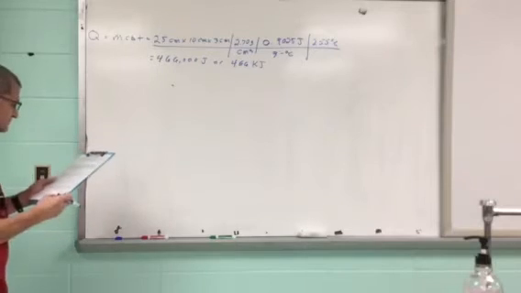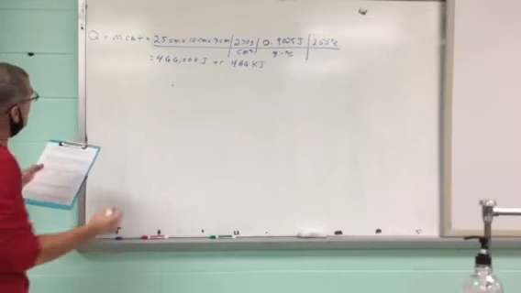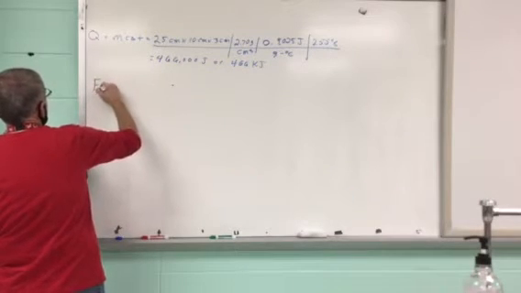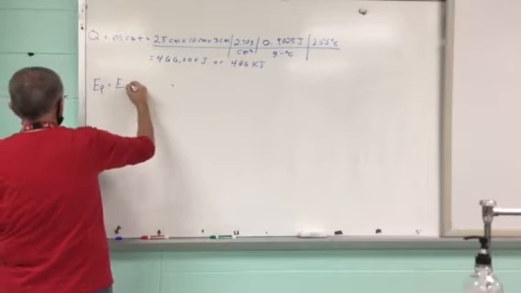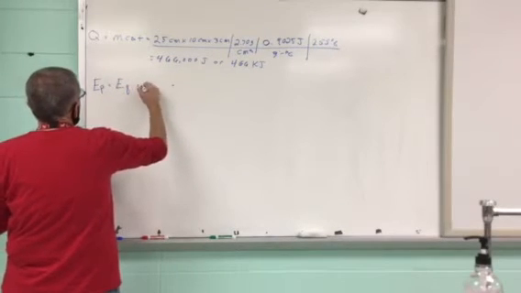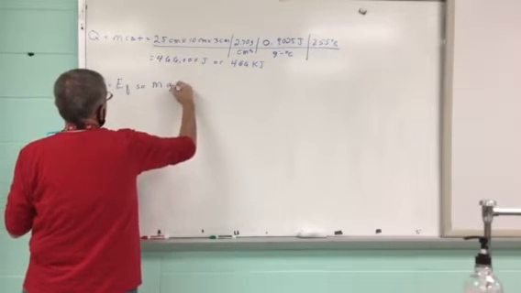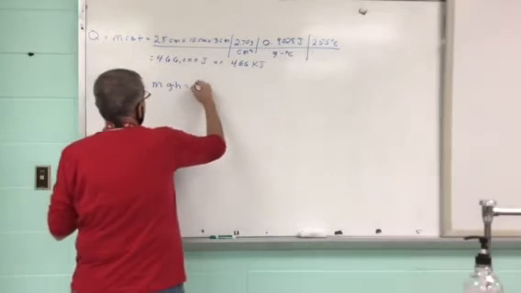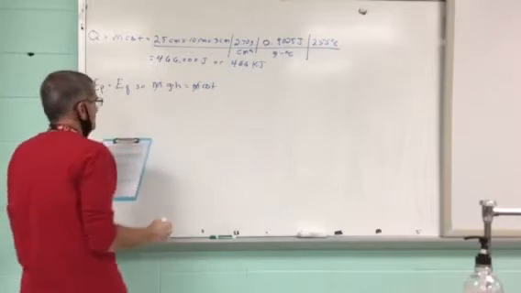Okay, number two, interesting problem. I like this problem. You're at a waterfall, and we're saying all the potential energy is converted to heat energy. The potential energy is mgh, and of course heat energy is mC delta T. Mass cancels.